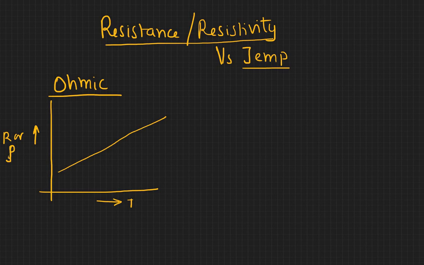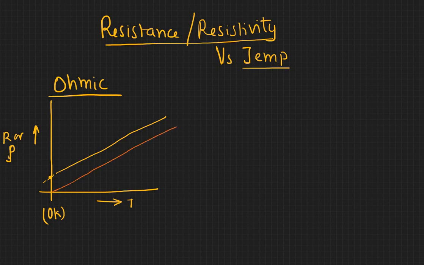Now, as you decrease the temperature, you reach 0 Kelvin, absolute zero, and you cannot go lower than this. You may find that there is some residual resistance in some materials. But in some materials, there may be no residual resistance.